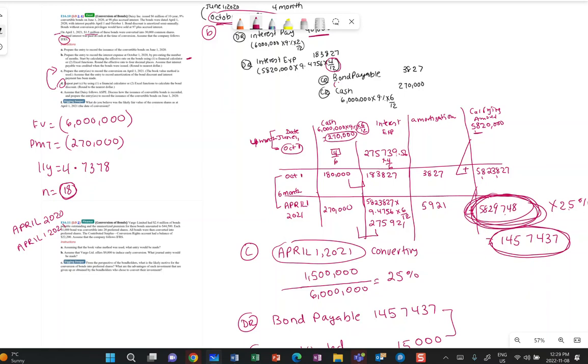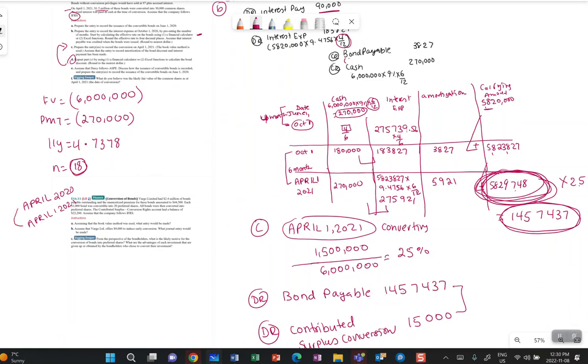If you're finding it a little bit difficult to calculate, sometimes it's easier to count the months. One year has gone by, from April 1st 2020 to April 1st 2021. In one year, there are two payments.